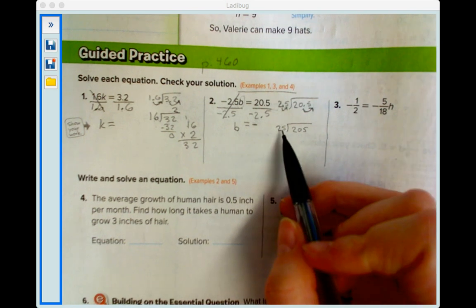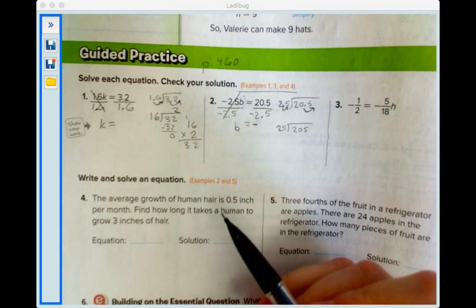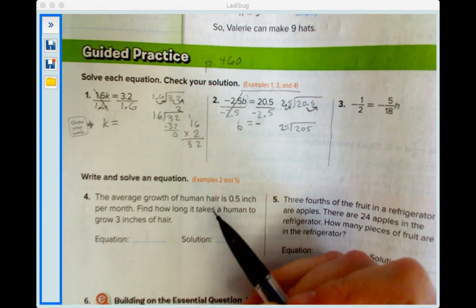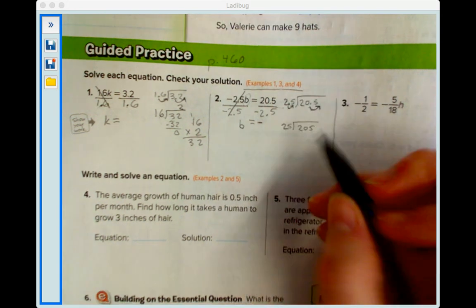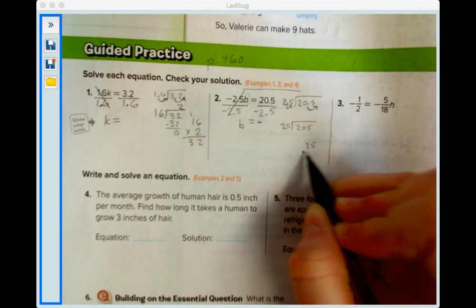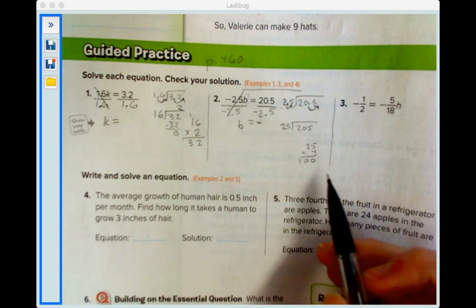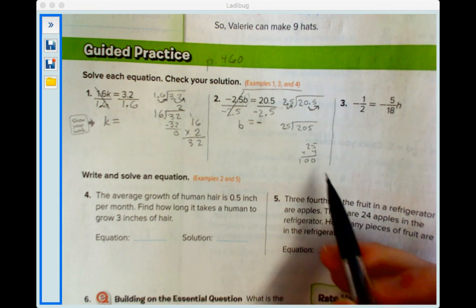But remember, 25 is similar to 25 cents, similar to a quarter, and 4 quarters equal $1, so 25 times 4 would equal 100. And that's my hint to you.